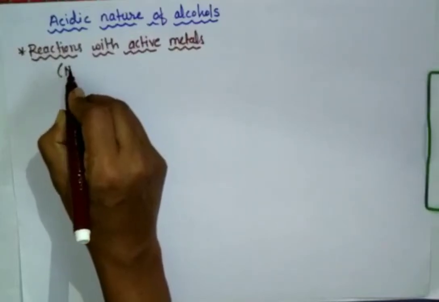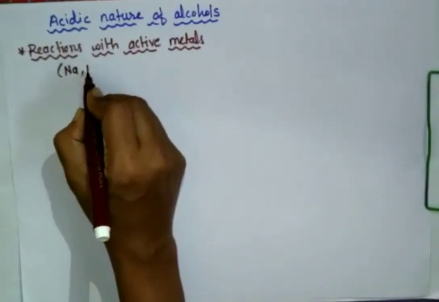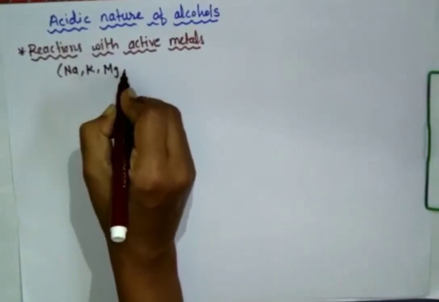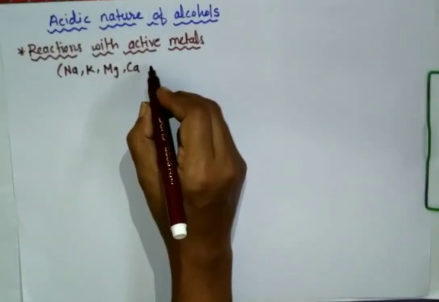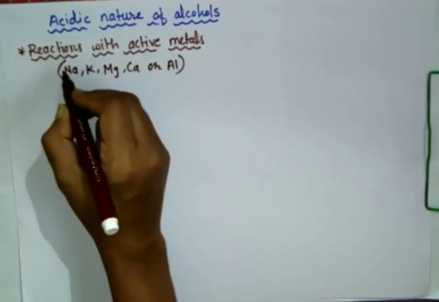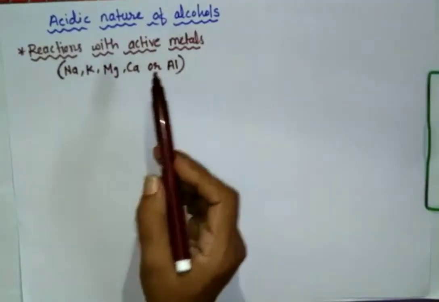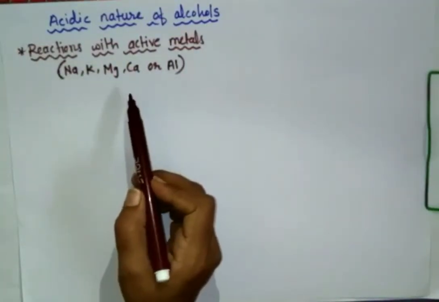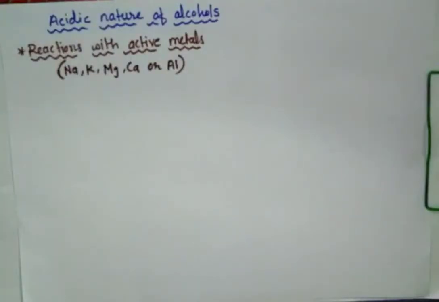So usually, for example, sodium, potassium, magnesium, calcium, or sometimes aluminium. So the reaction of alcohol with these metals shows the acidic nature of alcohols. Acidic nature means there is dehydrogenation.